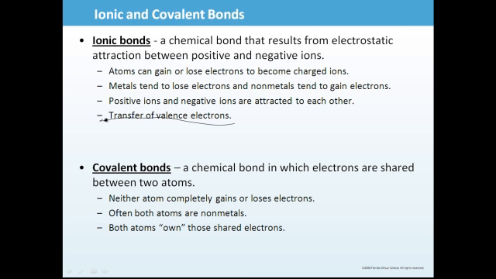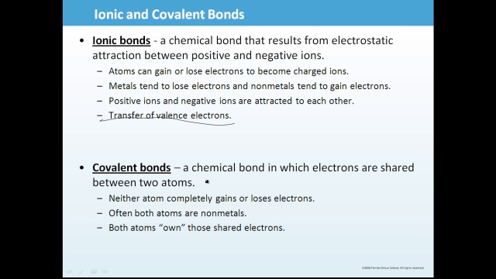and then they attract to one another. In a covalent bond, on the other hand, the electrons are going to be shared. Instead of transferring from one element to the other, they're simply shared between the two elements. So there's no gaining or losing electrons. Generally speaking, this only happens between nonmetals.